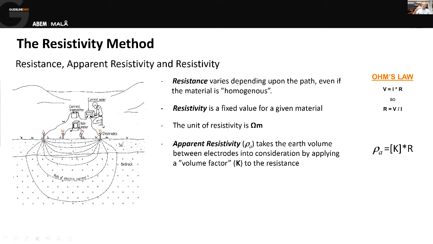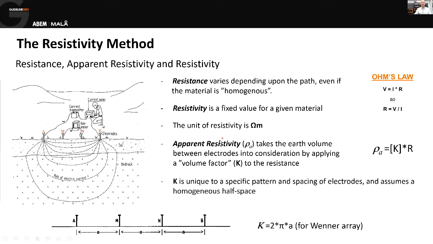And so all of the different layers that we're trying to detect are going to have an influence upon the values that we measure. So it's only apparent resistivity at this stage. What we need to do in the processing is find a way to convert from apparent resistivity, the measurement at the surface, to the true resistivity of each of the individual layers that we can't measure directly.